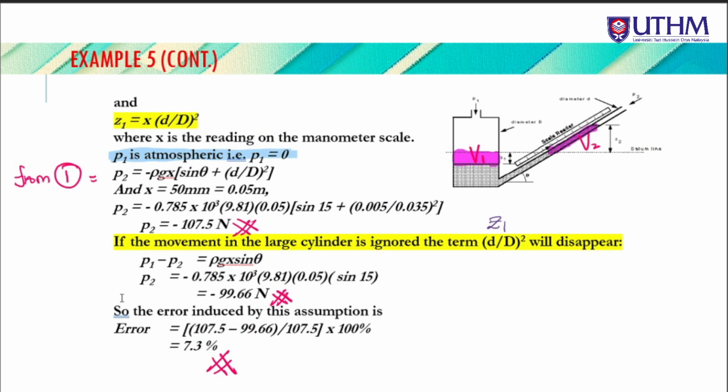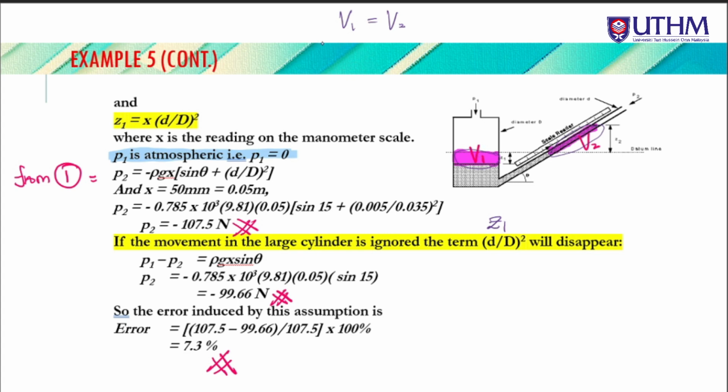Okay, so actually Z1 ni kita boleh dapat daripada volume yang terhasil. So maksudnya volume dekat V1 ni dengan volume dekat V2 ni is equivalent. Berapa yang turun bawah equivalent tu berapa yang naik atas. So since V1 equals to V2, the volume of a cylinder ni kita consider cylinder lah.